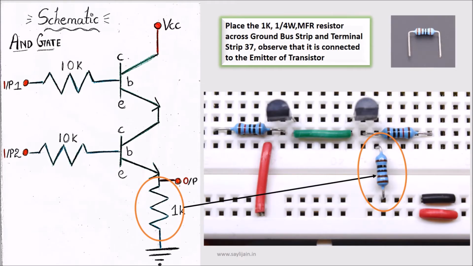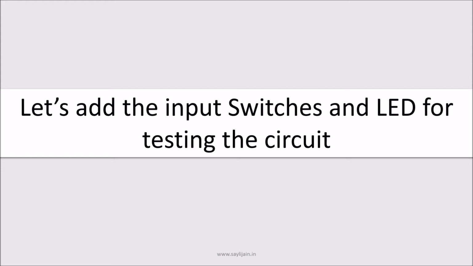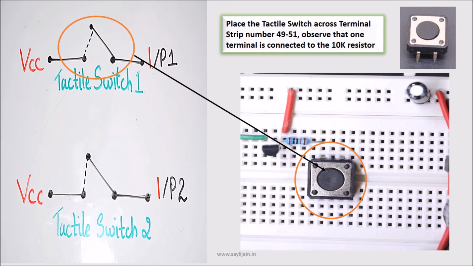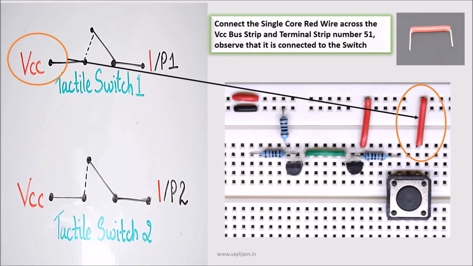And now I have placed a 1K resistor across the ground bus strip and terminal strip 37, and our AND gate circuit is complete. Now in the next 7 steps, I will be adding the input switches and LED for testing the circuit. So starting with the input switches, placing the first input tactile switch across the terminal strip 41 to 48 and placing a red wire to connect the switch to VCC to give it a logic high.